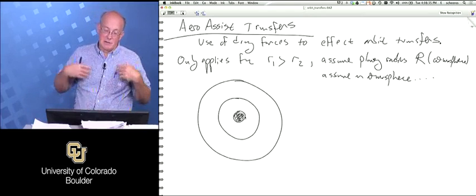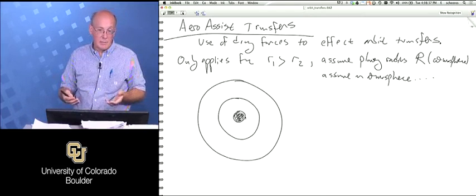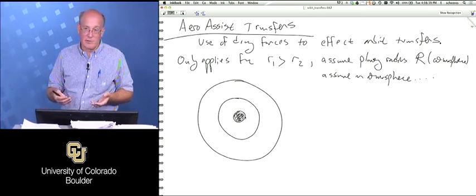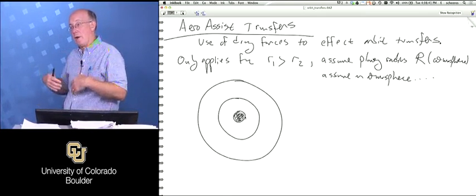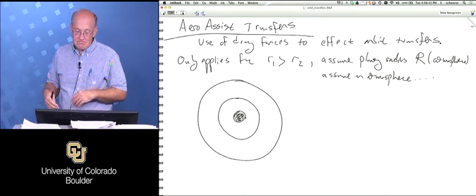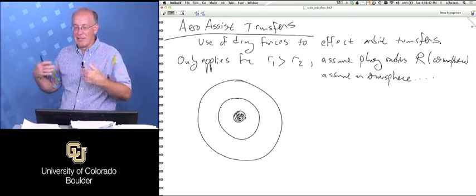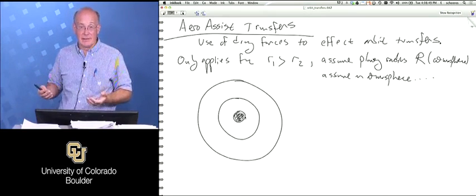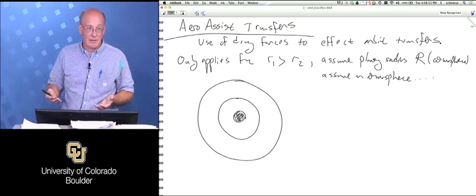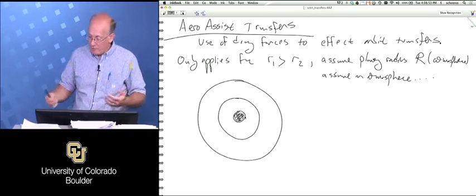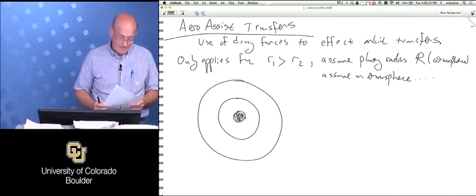Because for every kilogram of propellant that you put on board of a spacecraft or a satellite, effectively that's 1 kilogram of science instrument that you can't put on there. So you limit yourself. So you always want to cut propellant.